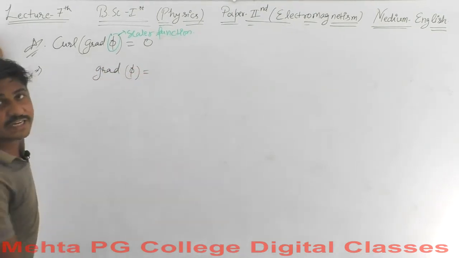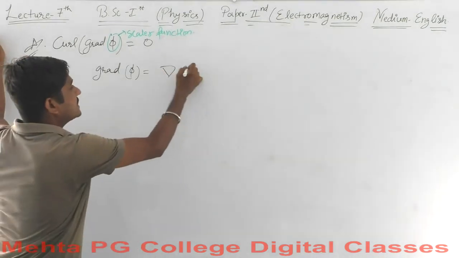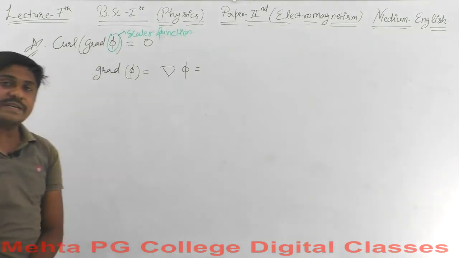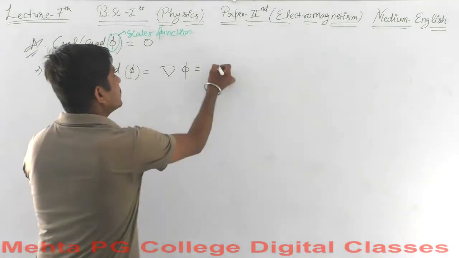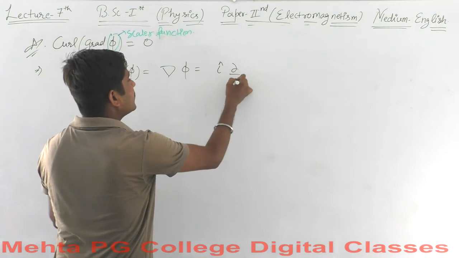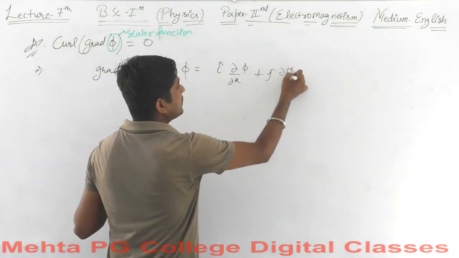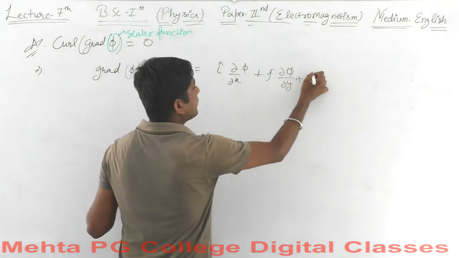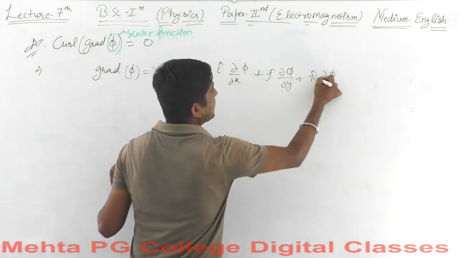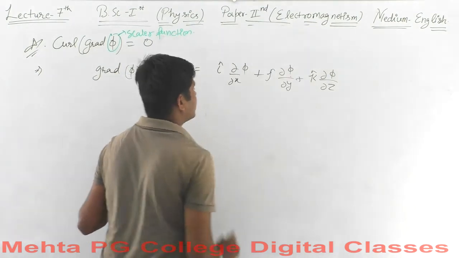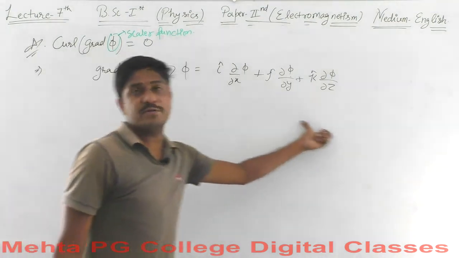What will be the value of gradient of phi? This is the simple product operation of the del operator and the function phi. This will equal i cap ∂phi/∂x plus j cap ∂phi/∂y plus k cap ∂phi/∂z.